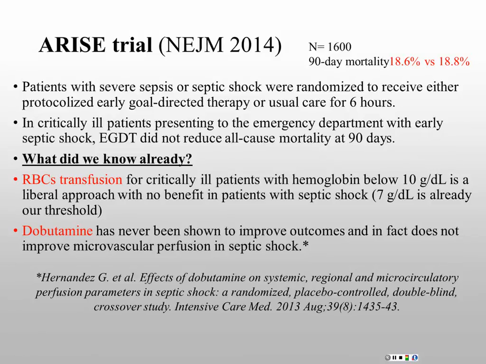You can notice the mortality in these trials now, for example, in this trial, the 90-day mortality from sepsis was about 19%. The original mortality in the 2001 paper with goal-directed therapy was around 40%. So in the last 2 decades, there is a 1% decrease for every year. There is a 1% decrease in mortality resulting from sepsis. So your average mortality now from sepsis came down from the mid-40s to 19%.